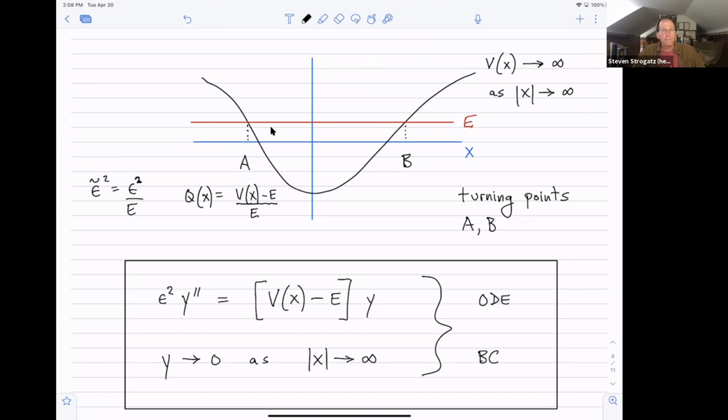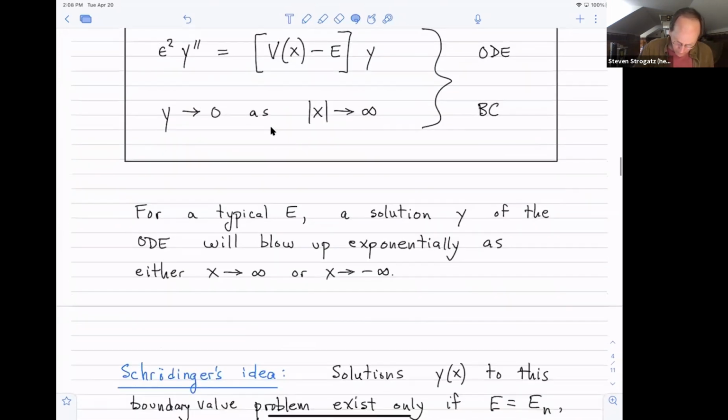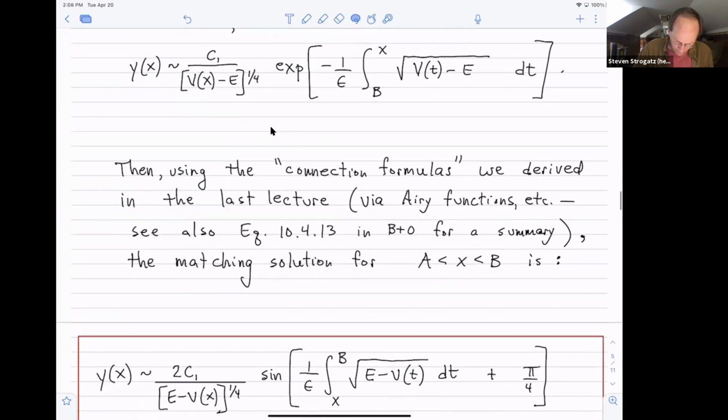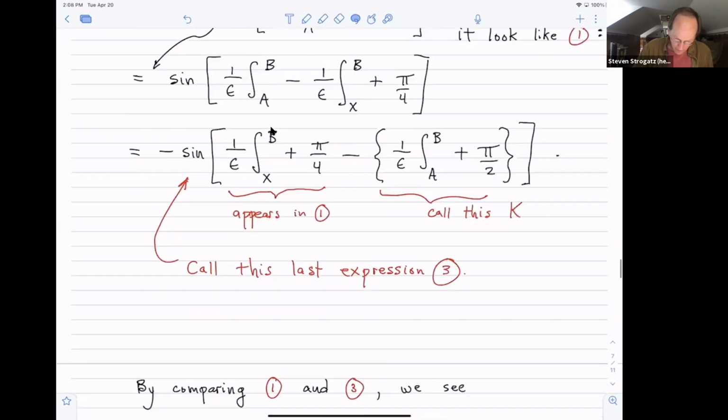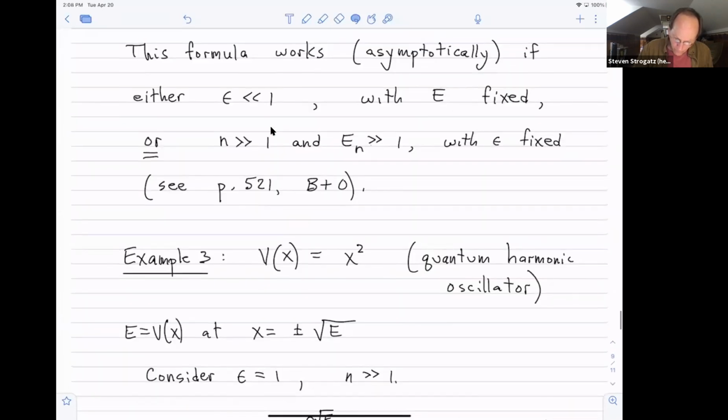Okay. Good. So for future reference, I'm going to grab this and put it somewhere else. Let me cut that. So I could say, let me paste it here.